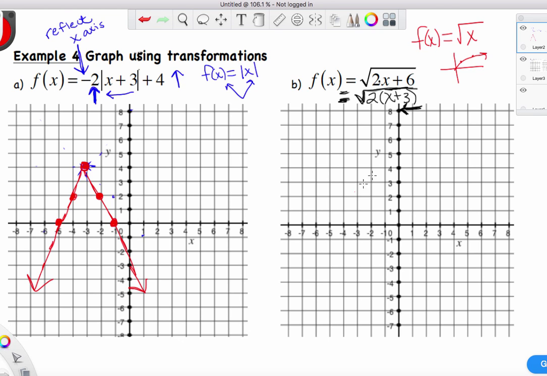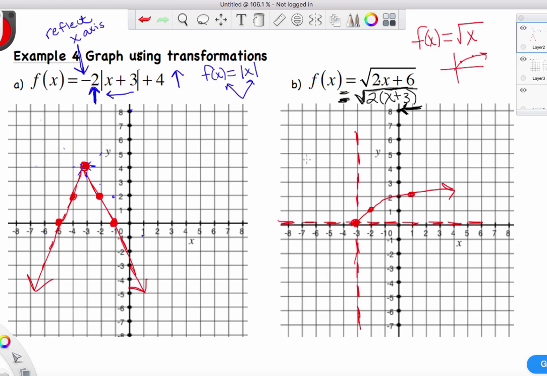So let's go ahead and find my shifting. My shift is to the left 3, so I'm going to move over 3. I don't have an up-down shift, so this is going to be my new XY axis right here. The normal graph, the regular graph of the square root of x starts at 0, 0, goes over 1, up 1, over 1, 2, 3, 4, up 2.